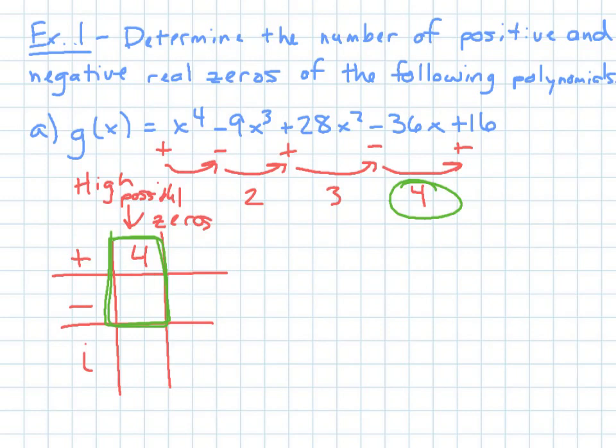Okay? Now I want to do the same thing for the negative. To do that, because this is a positive x, I'm going to plug in a negative x and change the sign. So that means every time I see an x, I plug in a negative x.